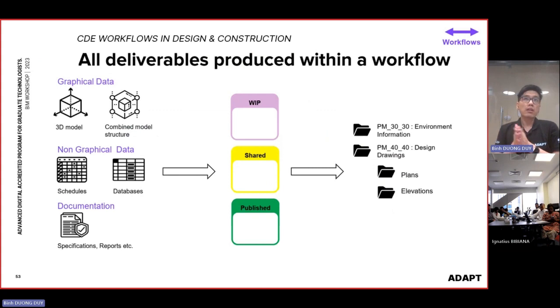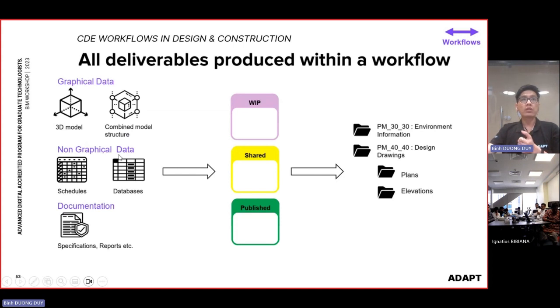But what is the main core? Sorry, the CDE has some characteristics. One of them is the workflow inside the CDE. The CDE is not only a platform, we are also able to do some workflow there. So let's take a look. This is the information we are going to produce on the project. We have graphical data, like the 3D model.